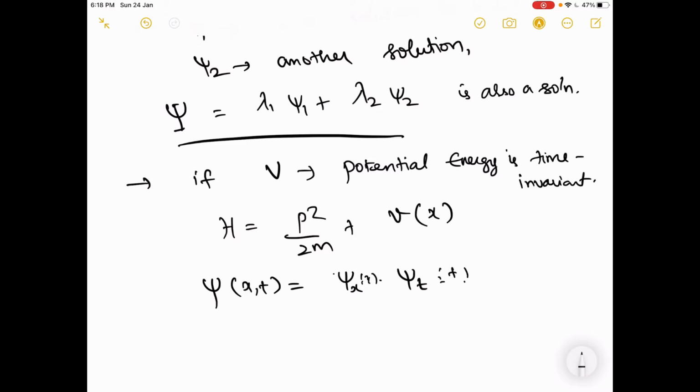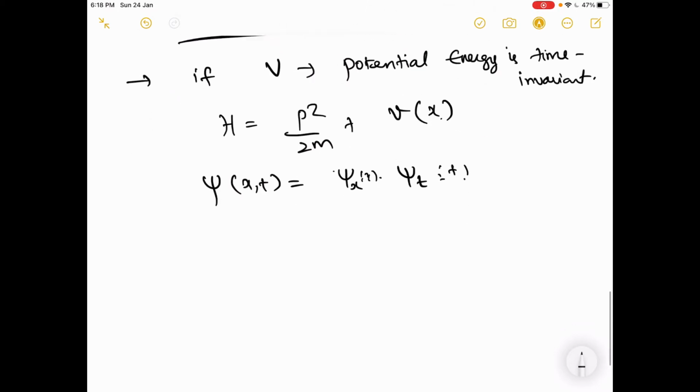Why is this true? Because if we say that the potential has x and t intermixed, then when it acts on psi, you will have cross components, right? The kinetic energy is a function of only position, so that is already known.